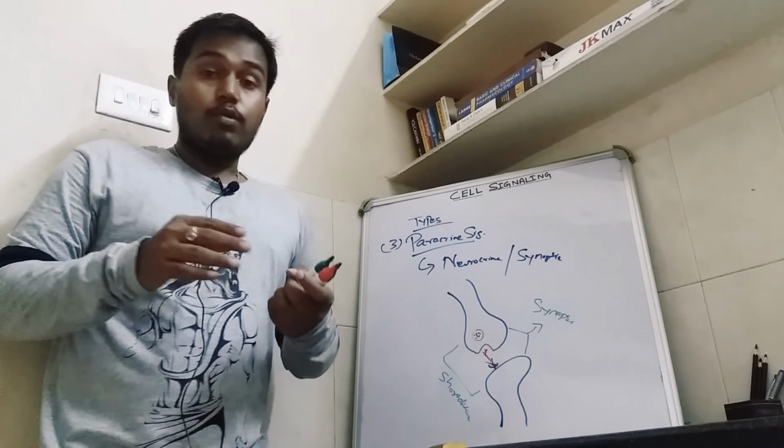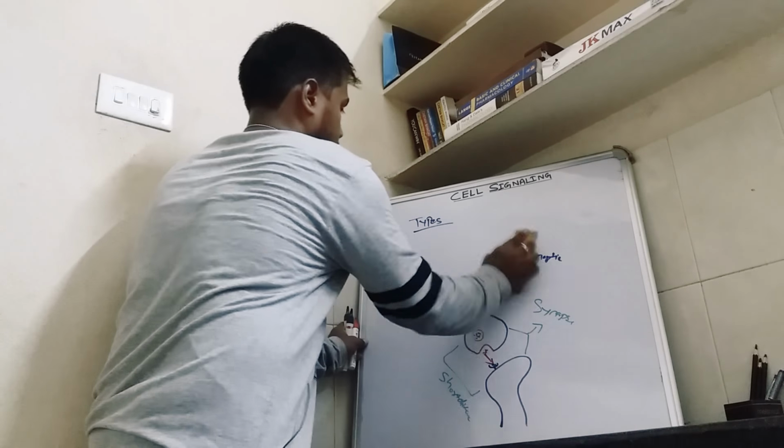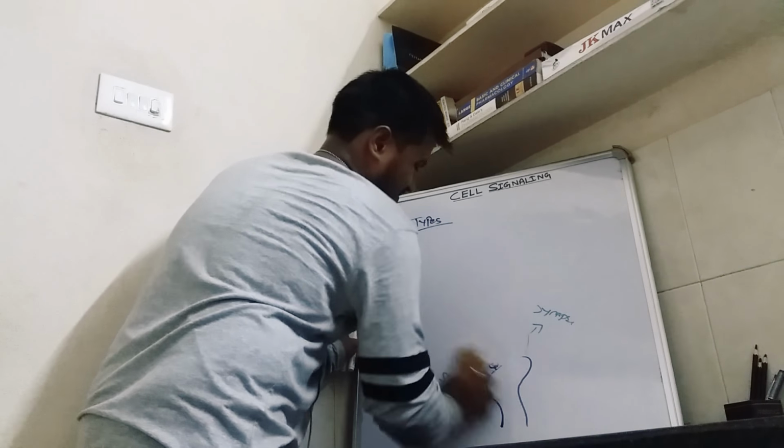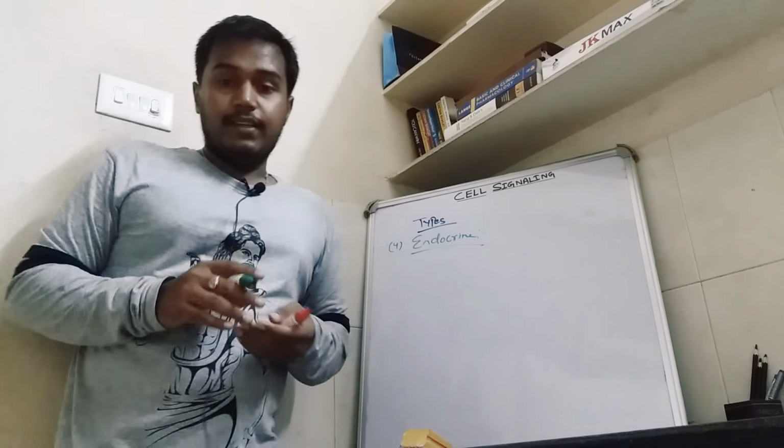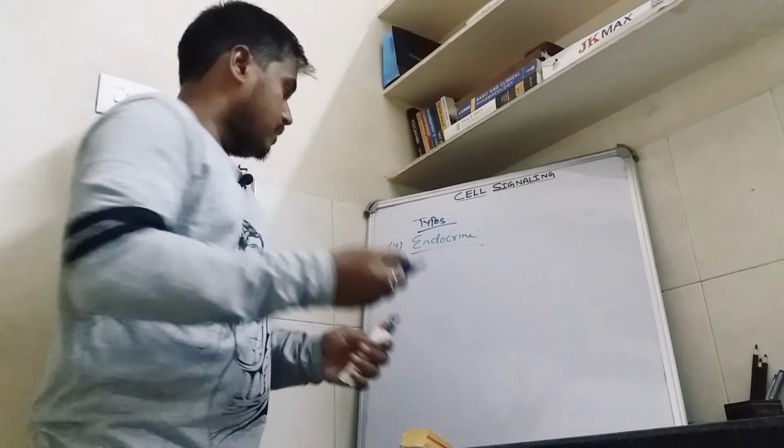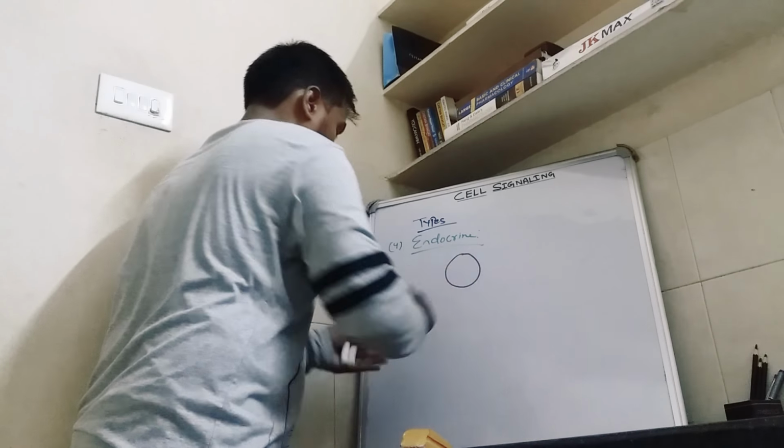Next we will discuss the fourth type of cell signaling, endocrine signaling. In endocrine signaling, there is a secretory cell which will secrete the signaling molecule, and we have the target cell at a far distance. Suppose this is the target cell.